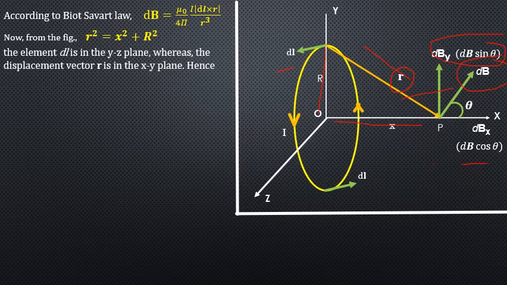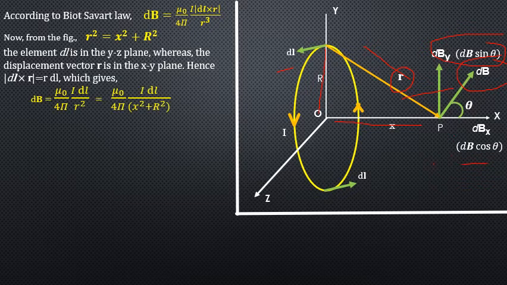Now, when we apply this to our Biot-Savart law, we see that the direction of vector dl and r are perpendicular to each other.